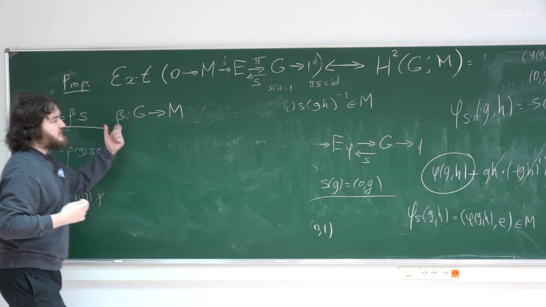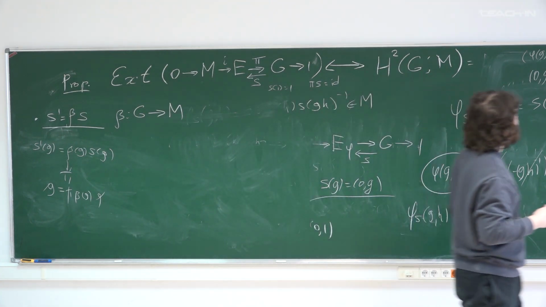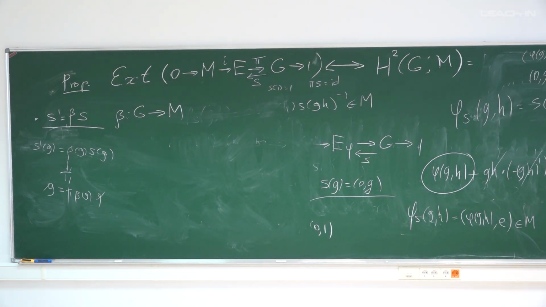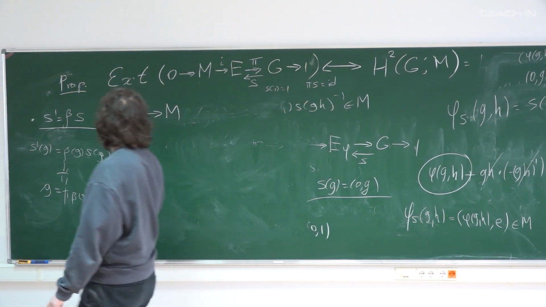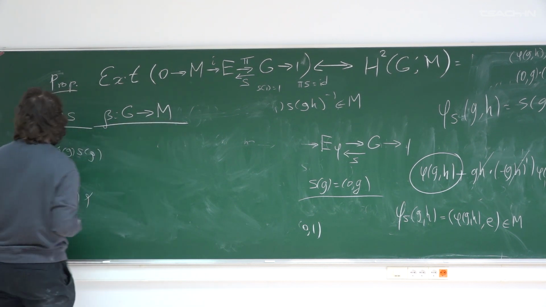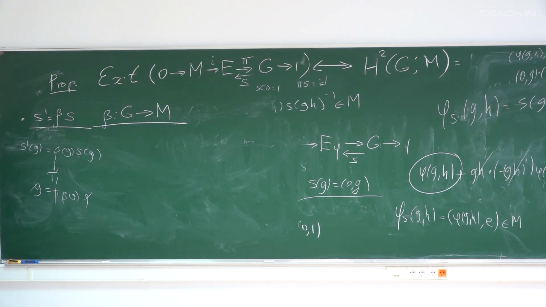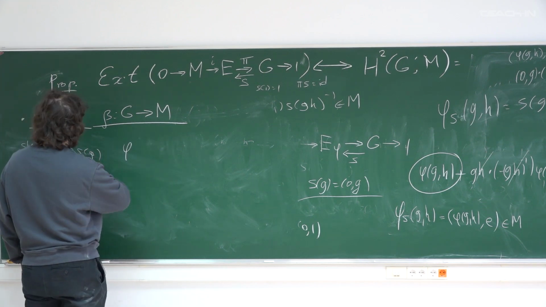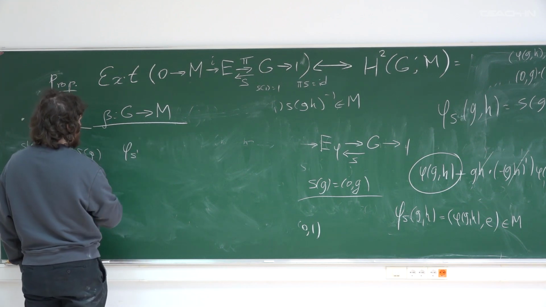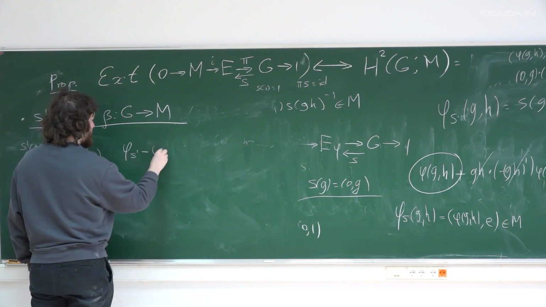It's not a one cocycle, it's a one chain. We want to check that the codifferential of this cochain is just the difference between our two cocycles. It's our candidate. Okay, let's check something like this. Let's compute something like phi s prime minus phi s.